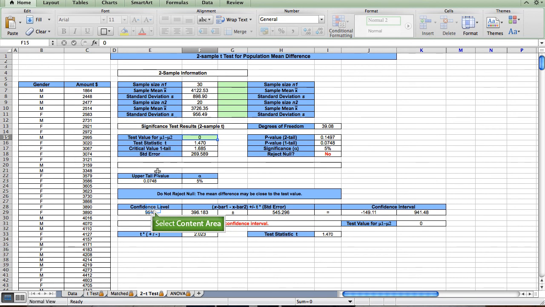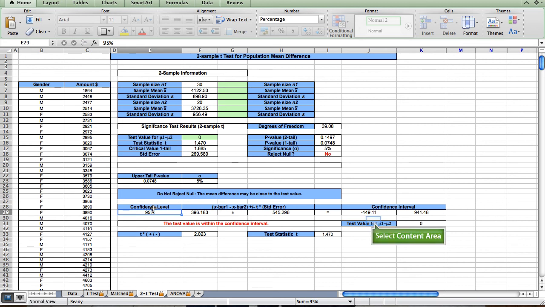The 95% confidence interval is very interesting when working with difference problems. I'm 95% confident that the population mean difference, that is the population mean for men minus the population mean for women, or vice versa, is somewhere in my confidence interval.